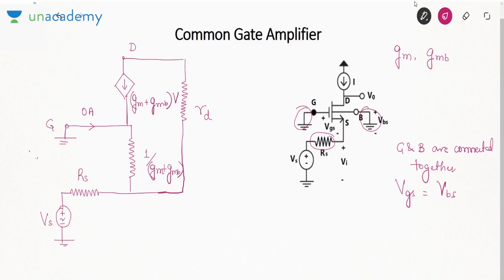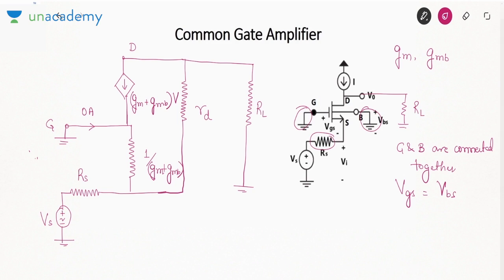So that will be the overall model of the circuit when we are drawing this circuit. And also, if you have a load connected at the drain terminal, you can also show that load. If you have a load, that load can be represented as RL. What I mean to say here is, if there is a load connected at this terminal, that can also be shown in the circuit as RL. Okay. Is this circuit fine?